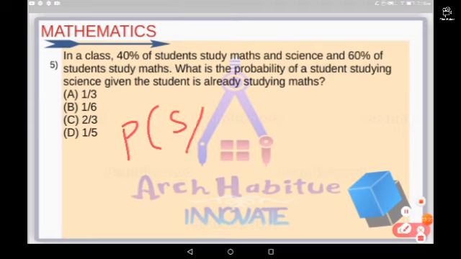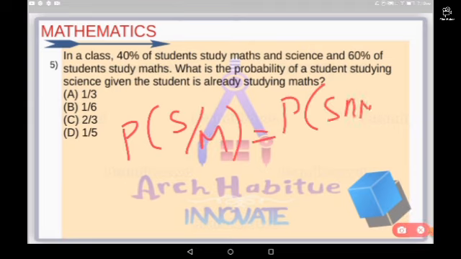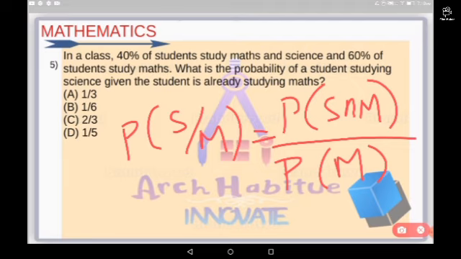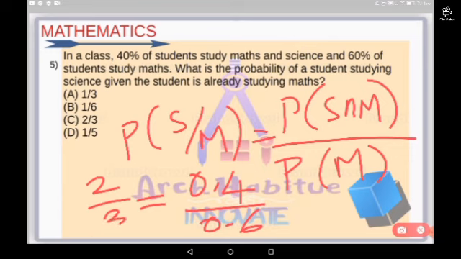Here P of S given M will be P of S intersection M, that is already known to us, divided by P of M, right? This is the basic formula for conditional probability. So this will be 0.4 divided by 0.6, and we will end up with the answer 2 by 3, which is our C option. Are you clear?